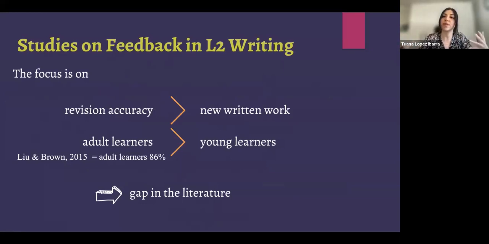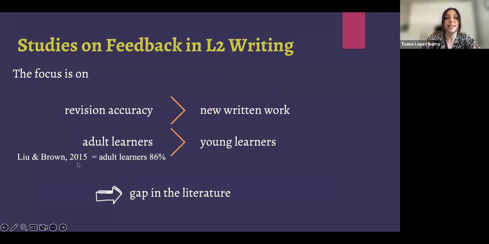They all the time looked at how much students were able to revise their written work according to the feedback they received. The studies on new written work, on what they do with this feedback when they need to write a new piece, something different, something new, are not much investigated. And also when we look at the context of participants, generally the studies were conducted with adult learners.